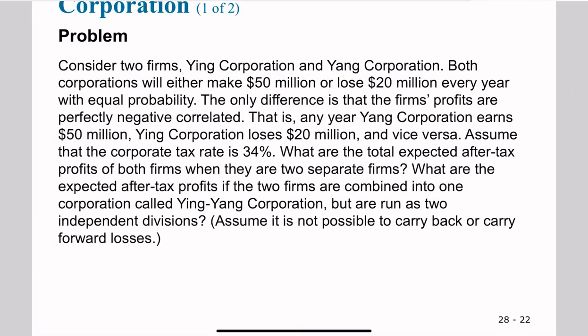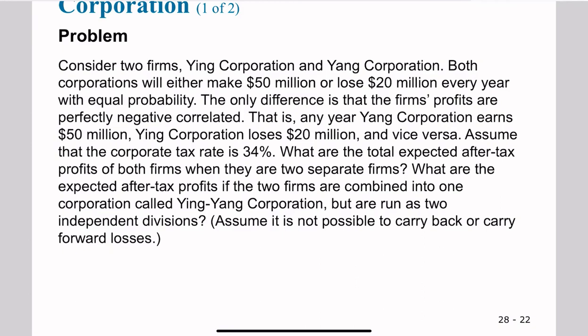Now we ask, first, what are the total expected after-tax profits of both firms when they're two separate firms? And the second question is, what are the expected after-tax profits if the two firms are combined into one firm called Yin-Yang Corporation?